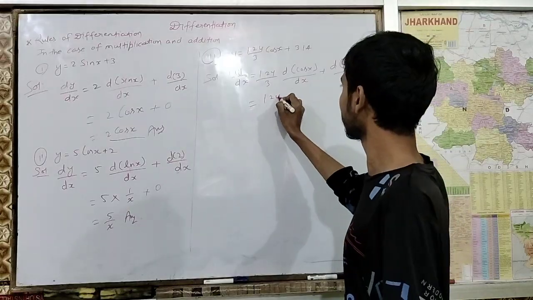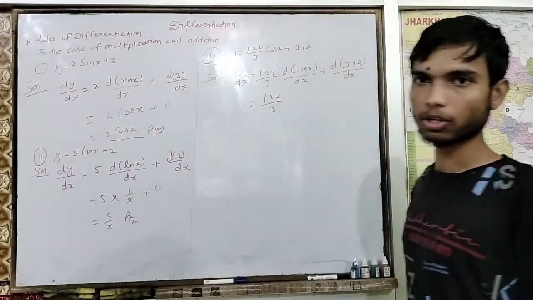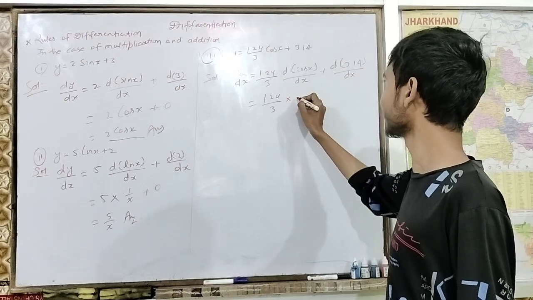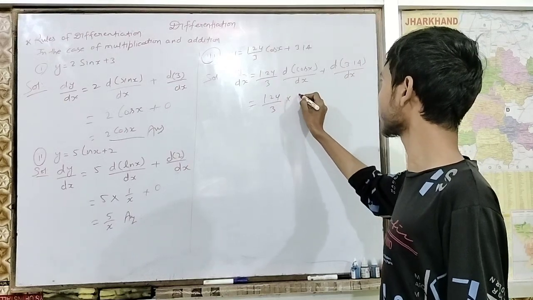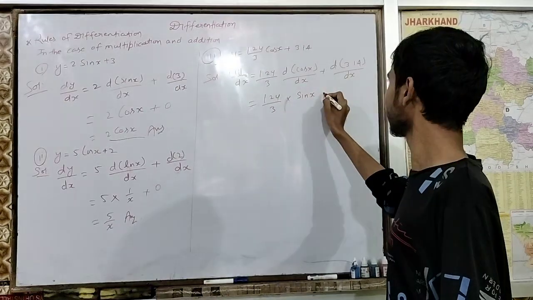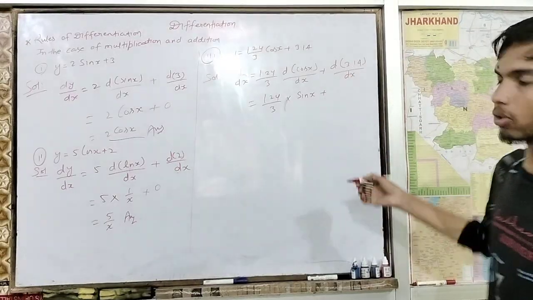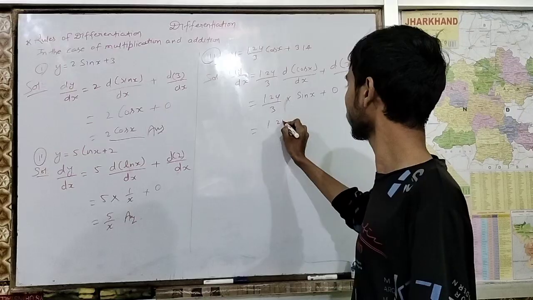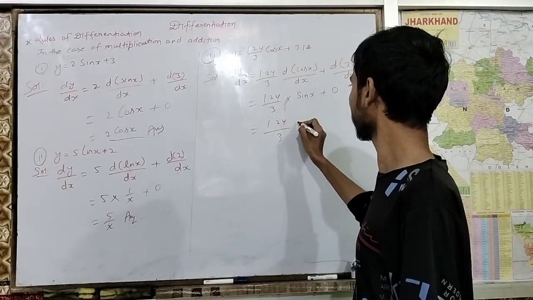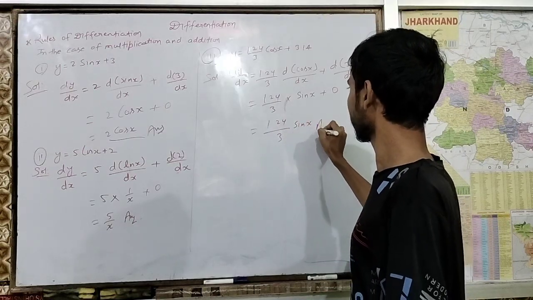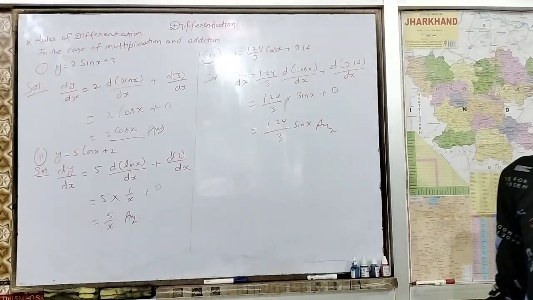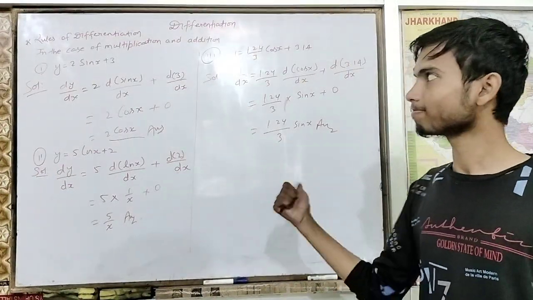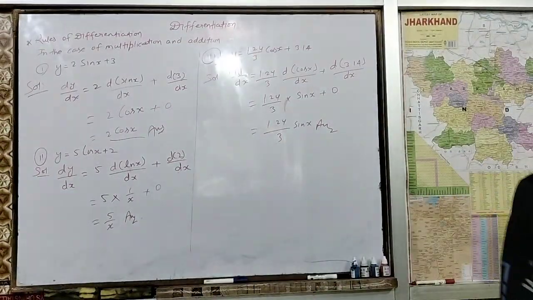This stays as it is, the differentiation of cos x is just the opposite, which is nothing but sin x, clear? Then we have a constant, 0. At the end you are getting 1.24 upon 3 into sin x. Okay, that's it.